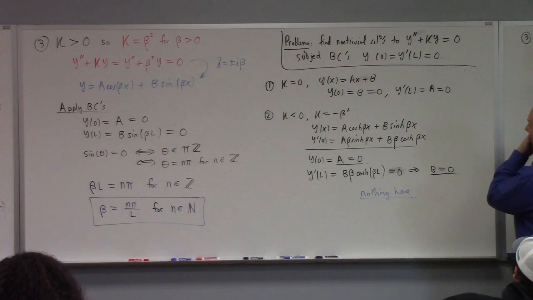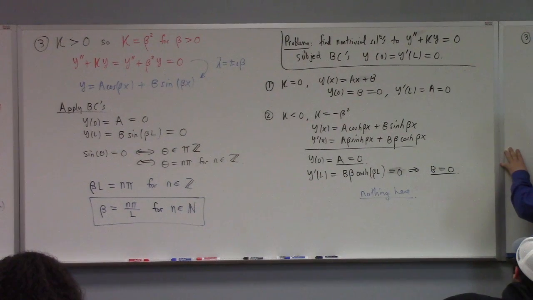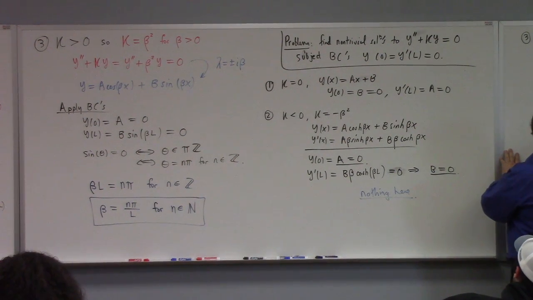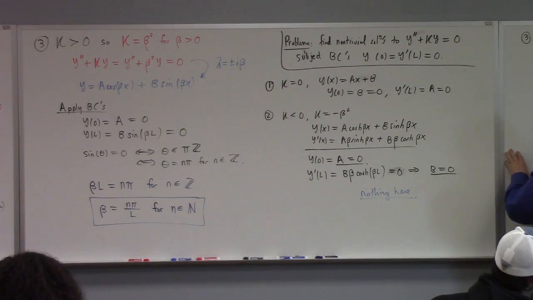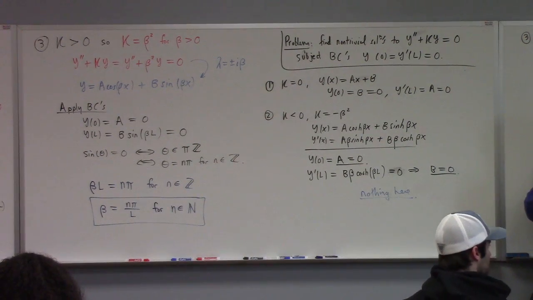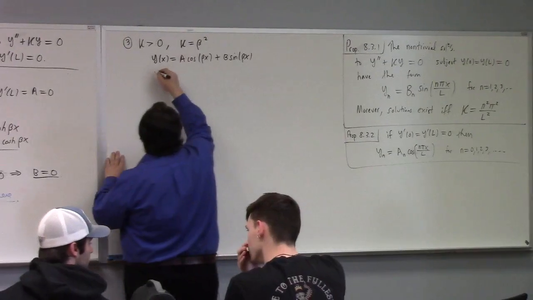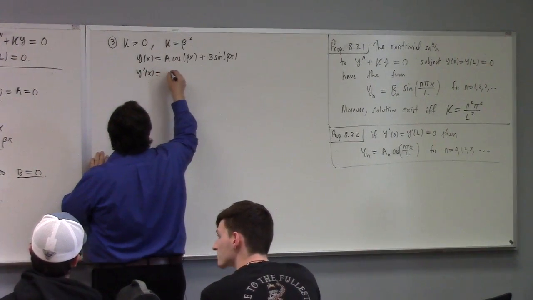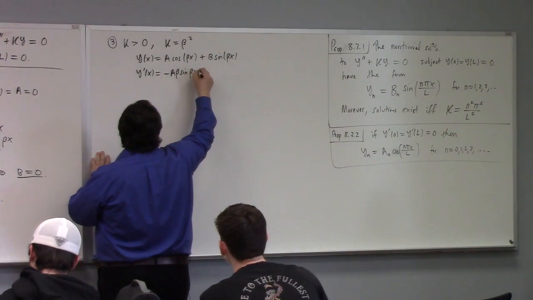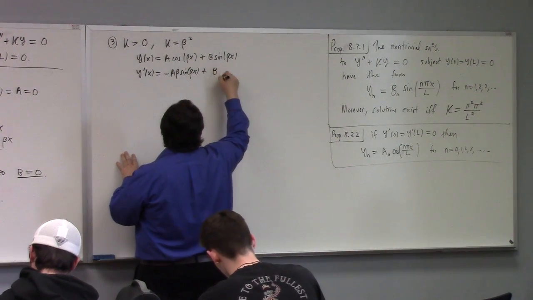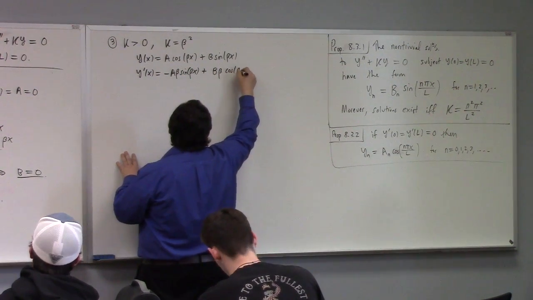K positive, what we got? k equals beta squared, y of x equals a cosine beta x plus b sine beta x. y prime of x is minus a beta sine beta x plus b beta cosine beta x.